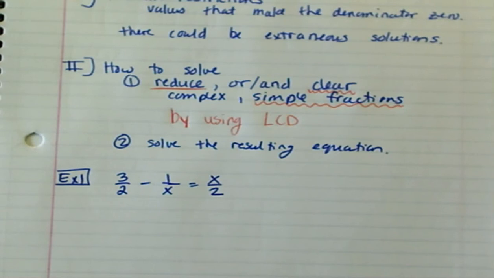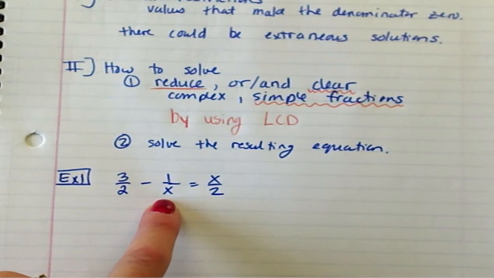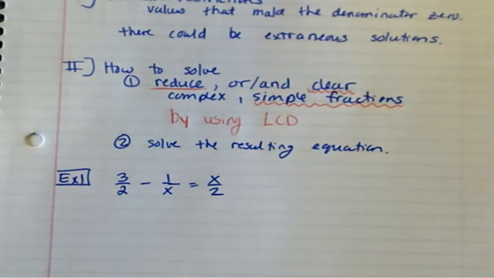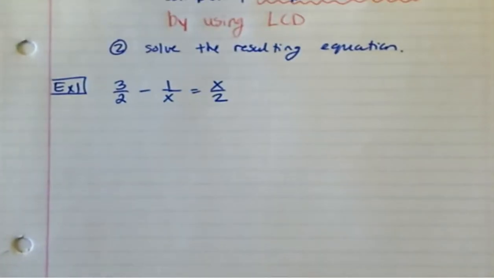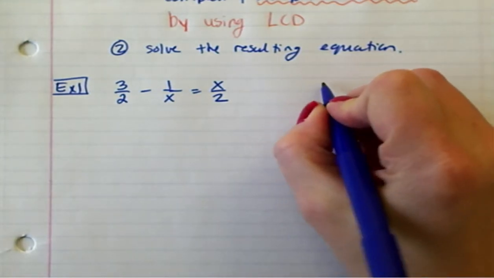Not a lot there. But what makes this different from the equations that we've seen in the past is that now I have a variable in the denominator. That's what's different about the equations this unit, is you have a variable in the denominator. First thing we are going to do, list out my domain restrictions.